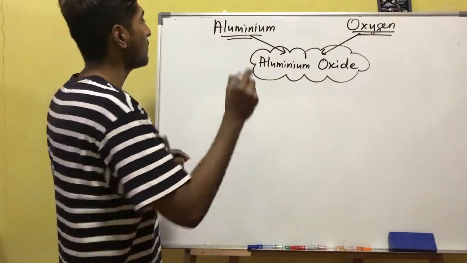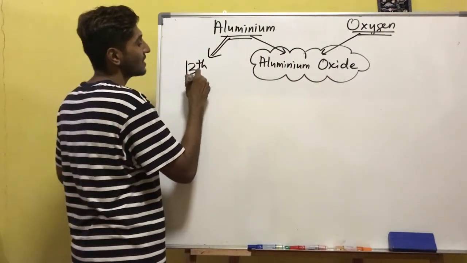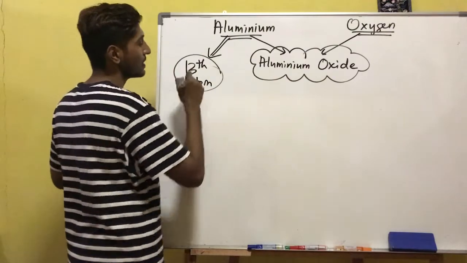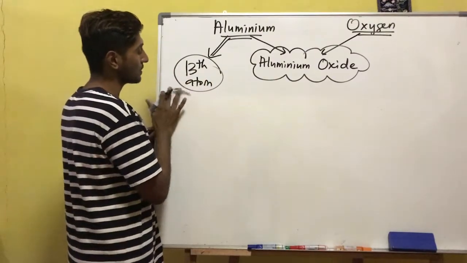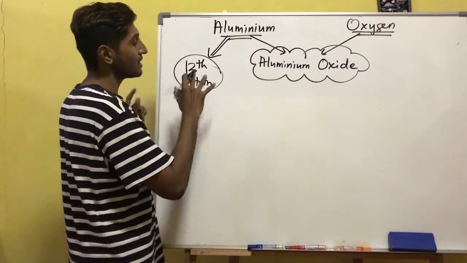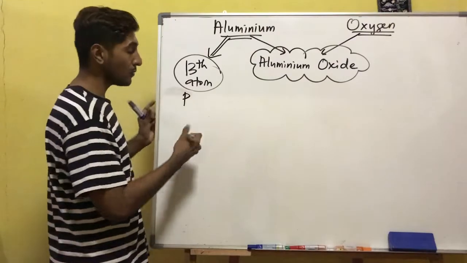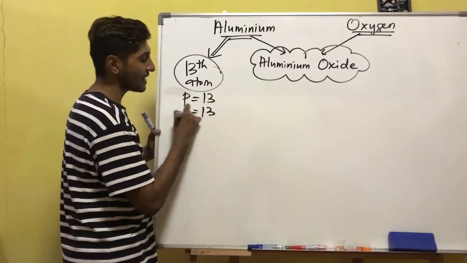Therefore, first, what is aluminium? Aluminium is the 13th atom in periodic table. Betul? So, aluminium is the 13th atom in the periodic table. Jadi, so there is 13 proton and there is 13 electron.